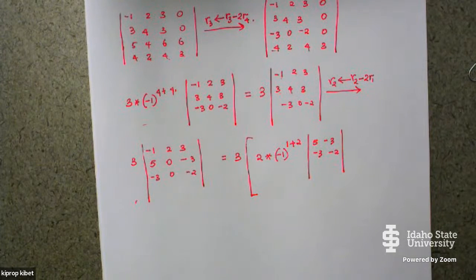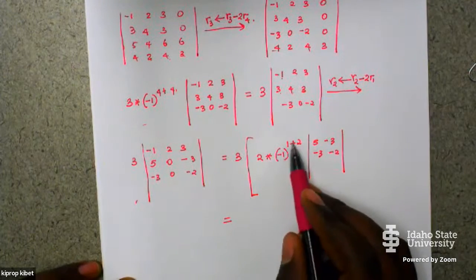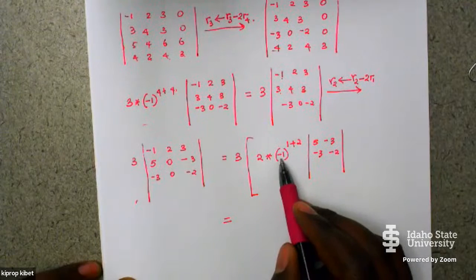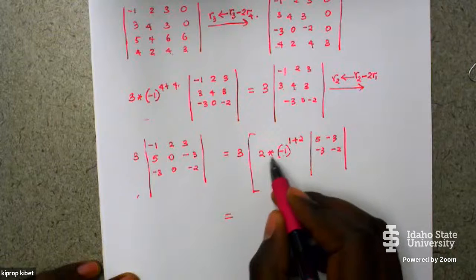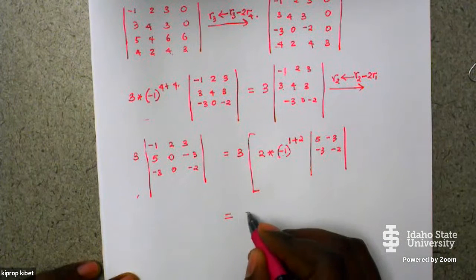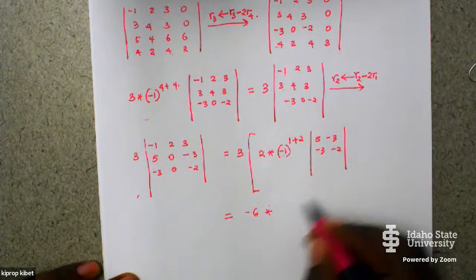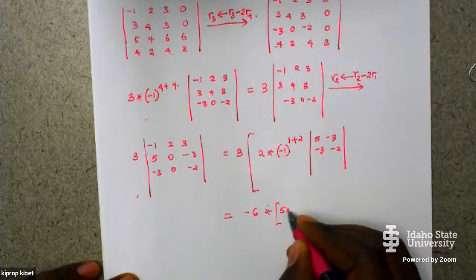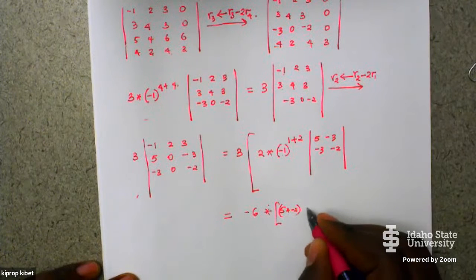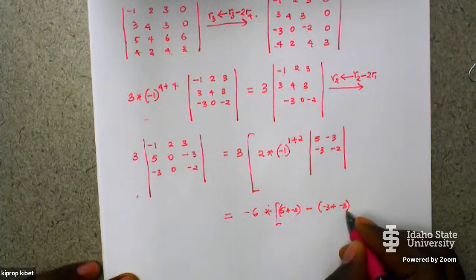Now it becomes so easy. Finally, this is equal to, since this one is odd, it means it will be a negative. So what do you get here? You get 2 times 3, so -6. And then the determinant here will be 5 multiplied by -2 minus -3 multiplied by -3.